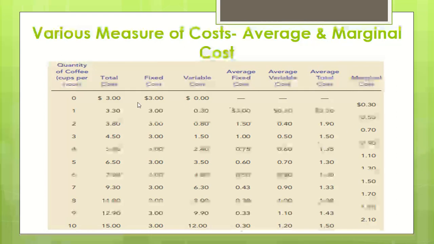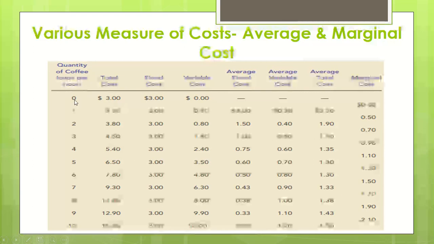So here the change in total cost is $3.30 minus $3, which is equal to 0.30, and the change in quantity is 1 minus 0, that is 1.